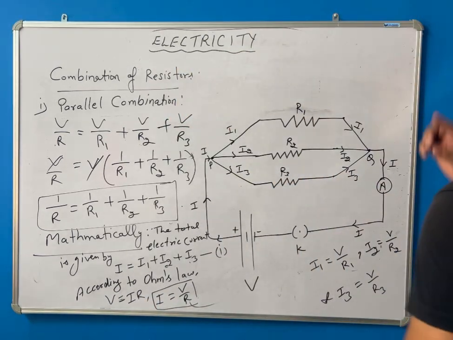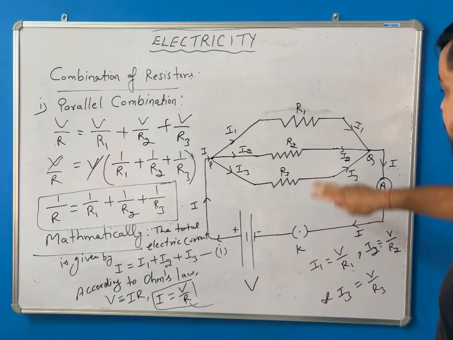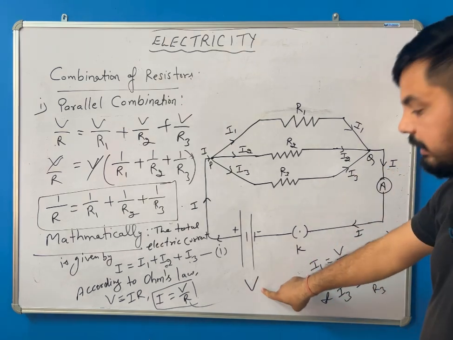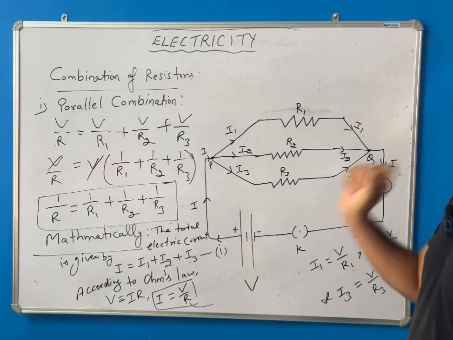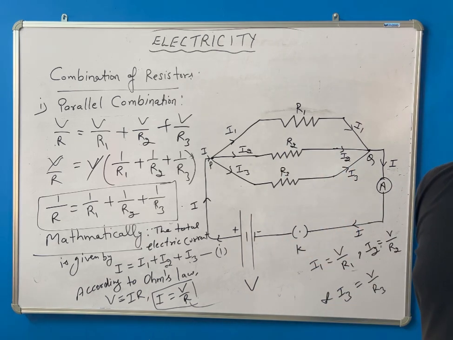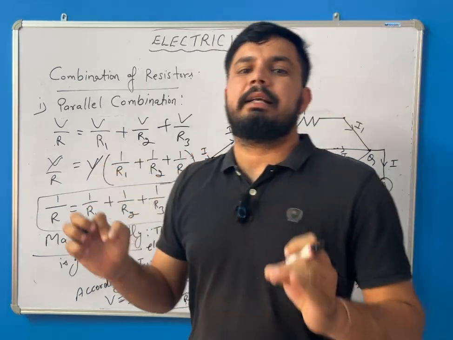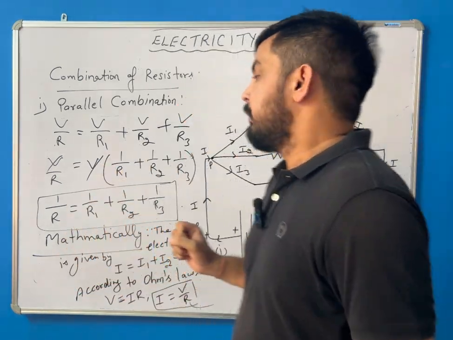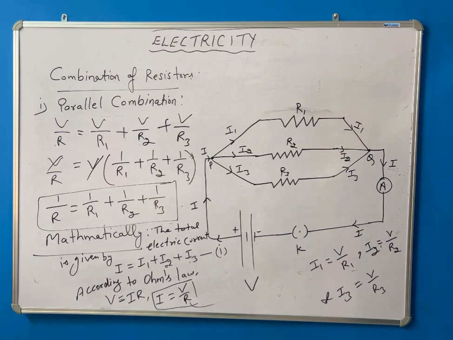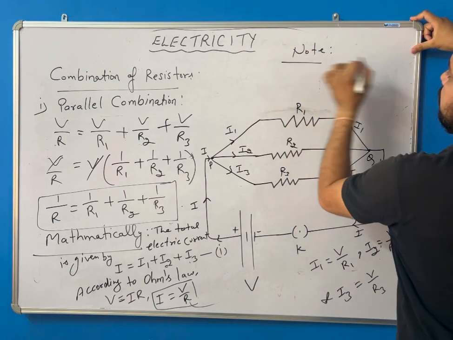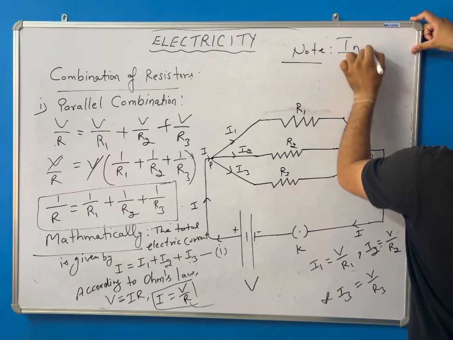Clear? Okay. So the important point here is that V will remain the same in a parallel combination, but I will be changed. That's why a voltmeter is always connected in parallel.